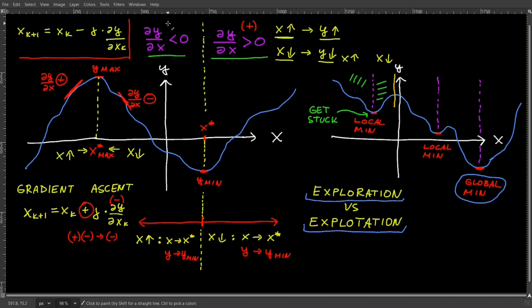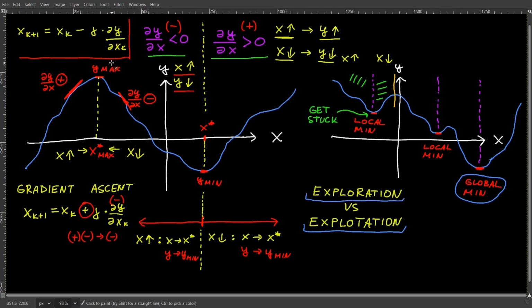Similarly, in the case of a negative derivative, if you increase x, that will cause your y to decrease. So if you want to find the minimum of y, then you want to keep increasing your x because you know that it will decrease your y even further.